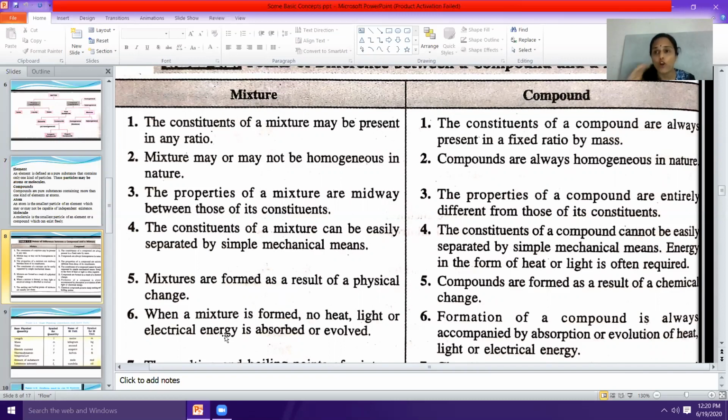If I say water, H2O, there the elements hydrogen and oxygen are present in a fixed ratio, that is 1:8.